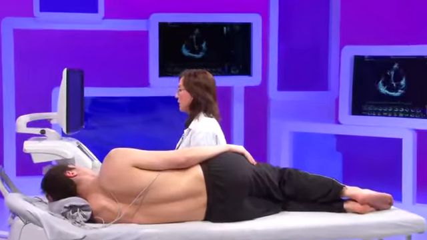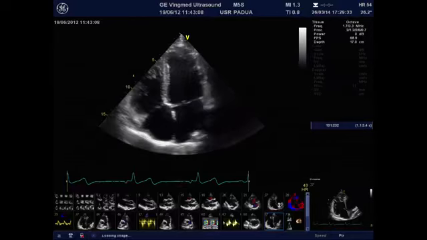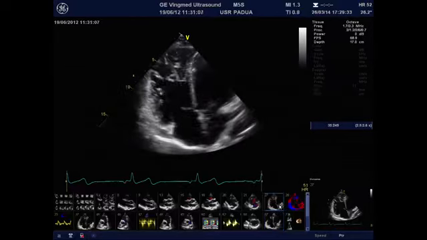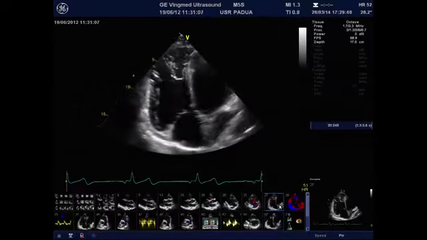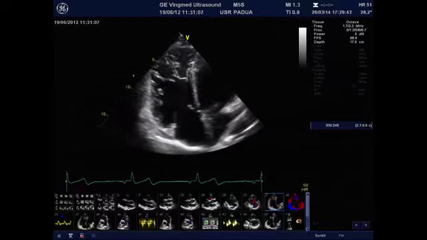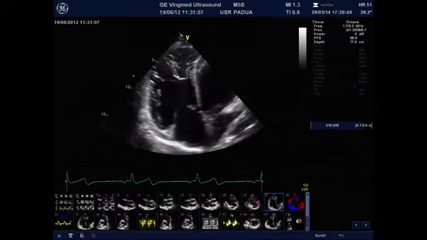If you would like to assess more closely the performance and the dimensions of the right ventricle, we need to focus and obtain a dedicated view of the right ventricle, and on it we can perform the measurements of the areas in order to compute the fractional area change.